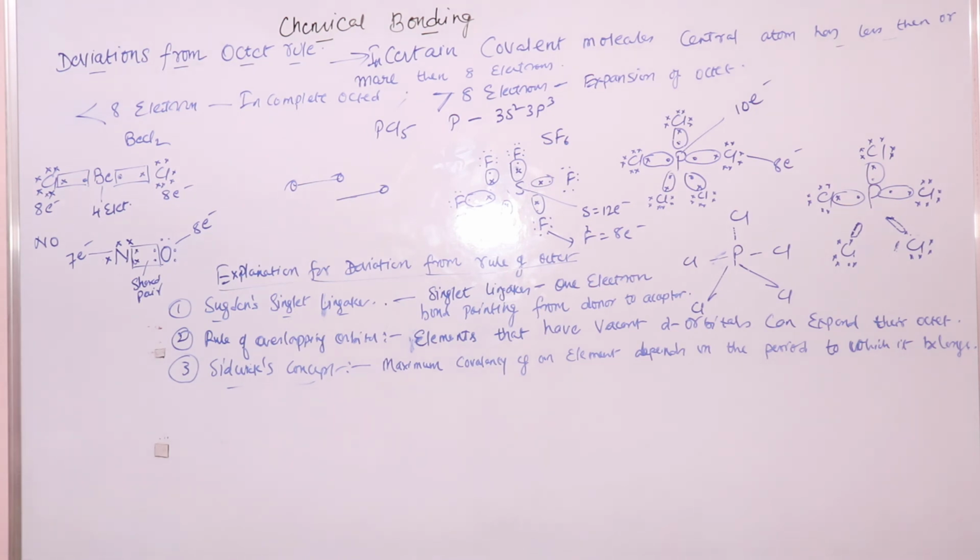For hydrogen, it belongs to period 1, so it is 2. For elements that belong to the second period, the covalency is 4. And for those that belong to the third and fourth periods, it is 6. These are the explanations that were given.